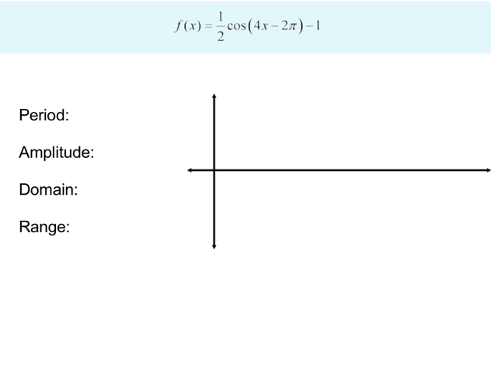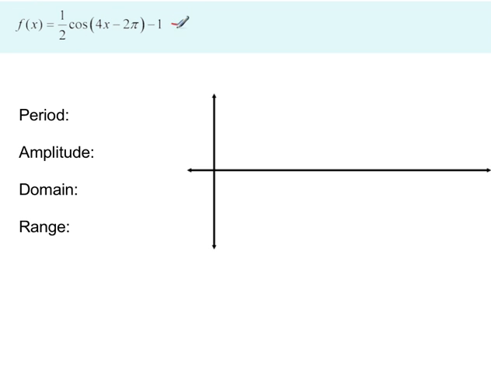So now we're going to do another graph with cosine, only this time transformed. I purposely did this with the b not factored out. It's really important that that be factored out.